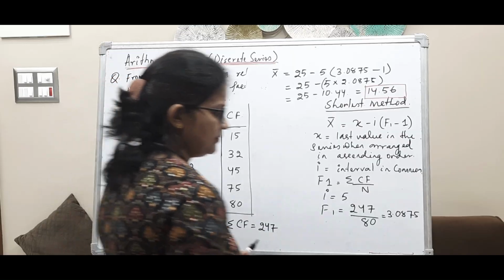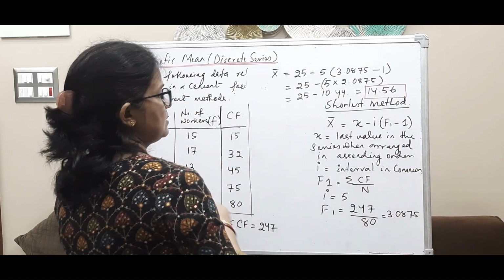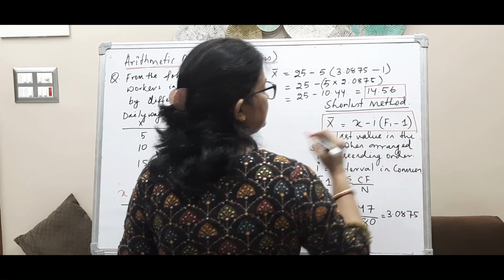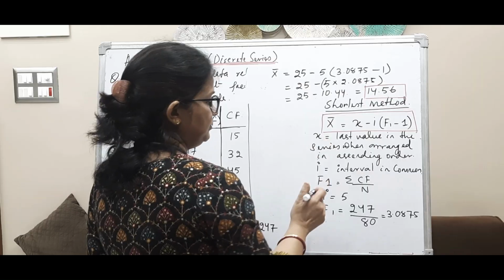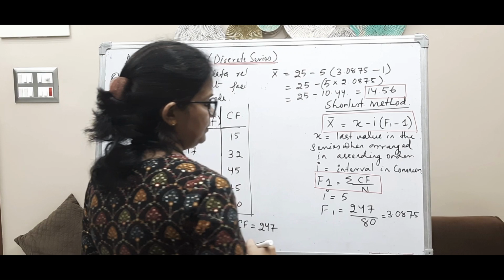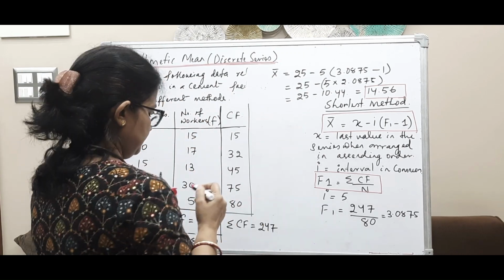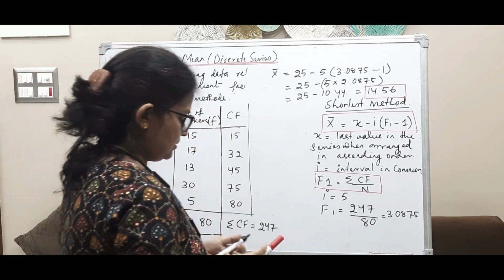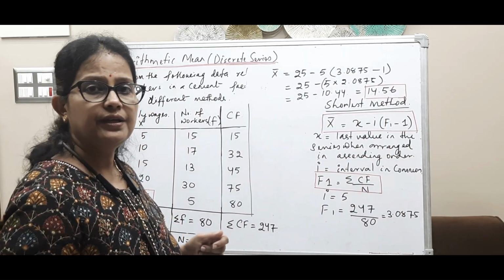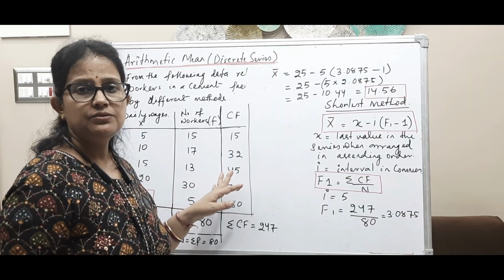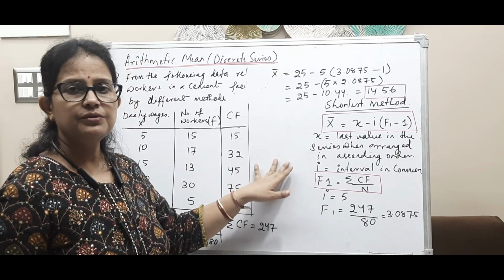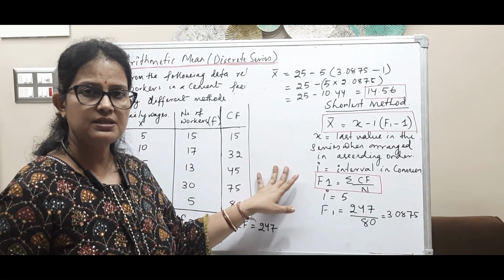So if you see, this is the formula for the shortest method, and we got the value. So we can take any example and find the mean using discrete series. So these are the 4 methods we have discussed for discrete series.